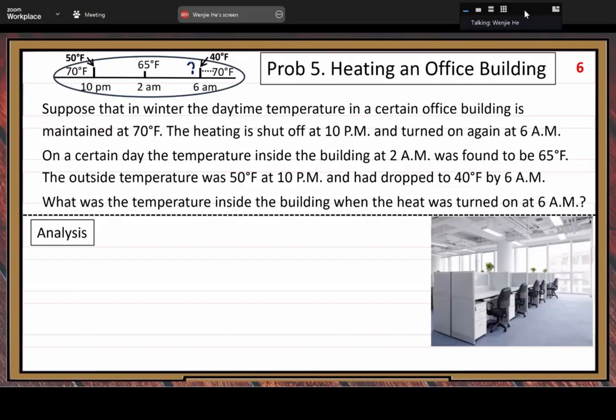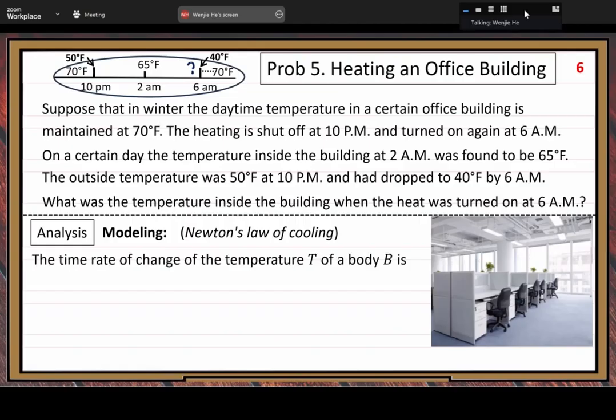Appropriate physical law related to the temperature of the system. This whole system. So that's Newton's law of cooling. What's that? The time rate of change of temperature, capital T, which is a function of time, little t.